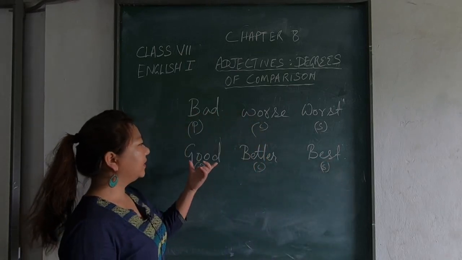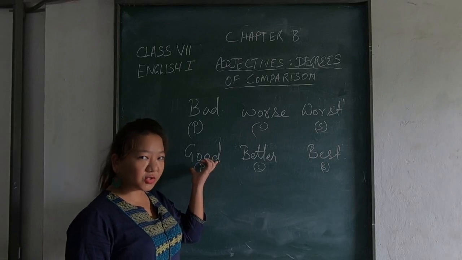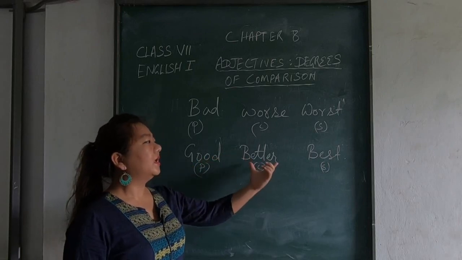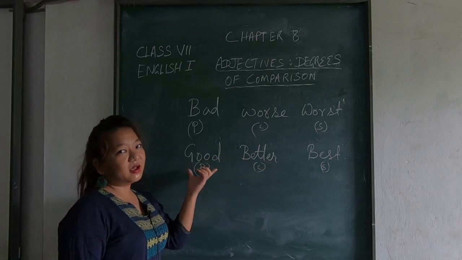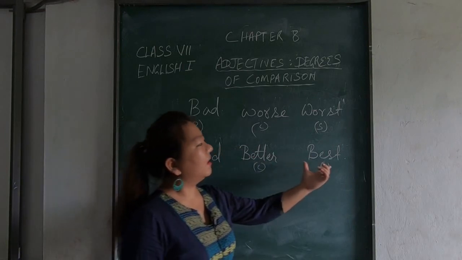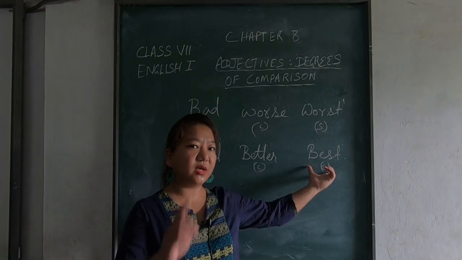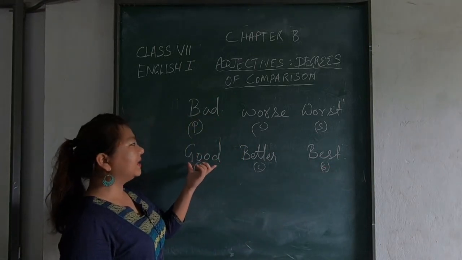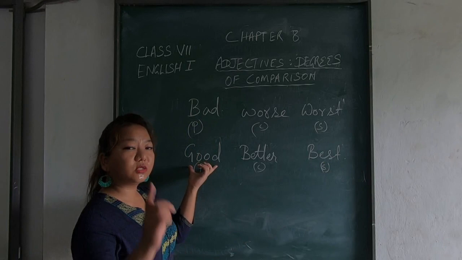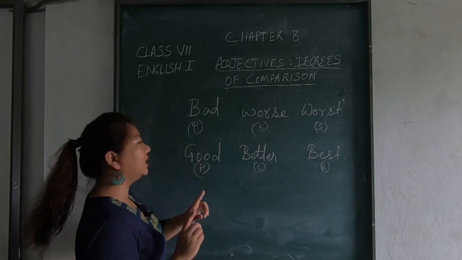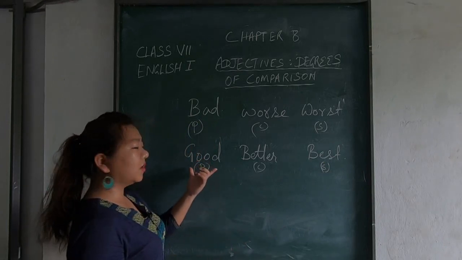For example, Rama is a good student. Rima is better than Rama. Ashok is the best student in the class. So can you see the difference? When we say Rama is a good student, we are talking about only one person, one noun, one pronoun, positive degree.